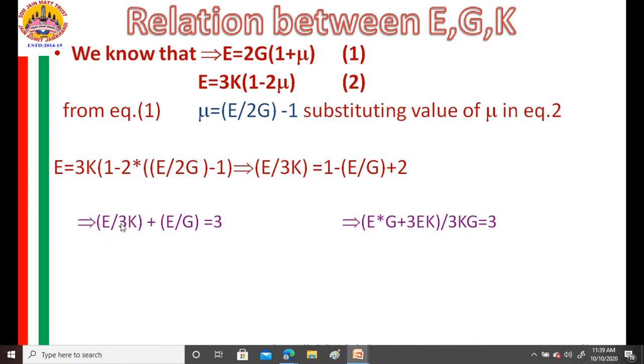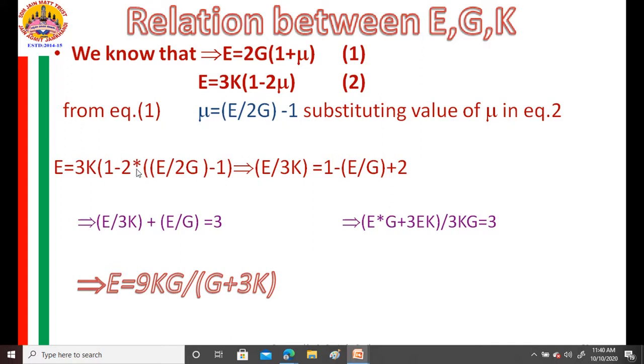Therefore it will become (E into G plus 3E into K) divided by 3KG. Now from the left side, you take E common, E is there in both the terms, and take this 3KG to the other side. First 3KG when you take it to the right side, it will become 9KG. What is left out on the right side? E into bracket (G plus 3K).